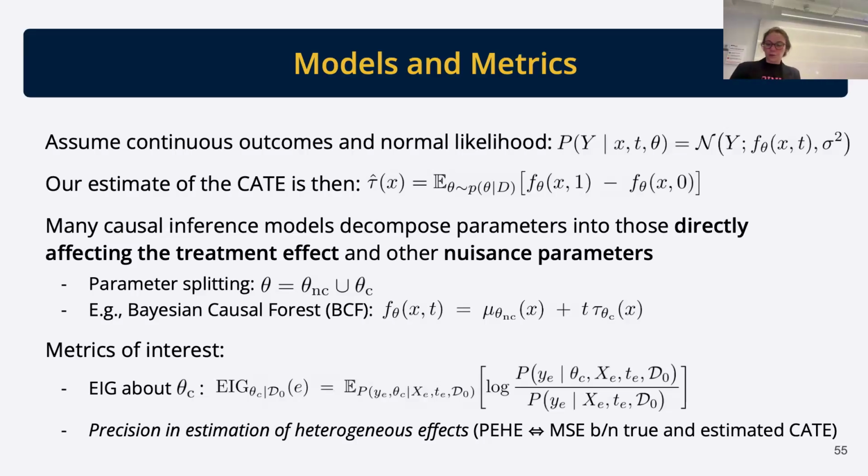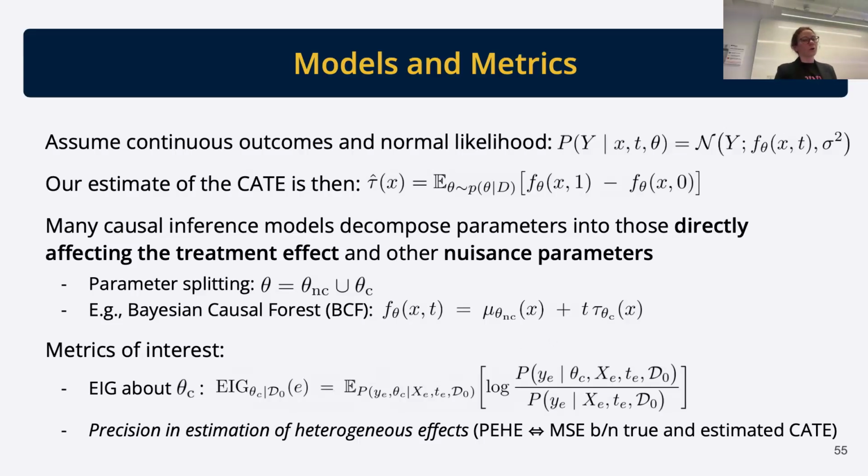Now, the metric of interest to begin with is going to be the expected information gain about the causal parameters, right? We want to make sure that we're learning the parameters that the treatment affects as well as possible.